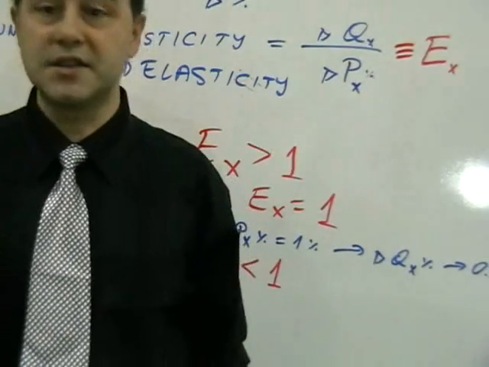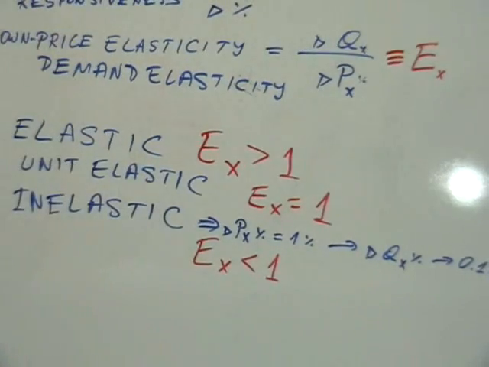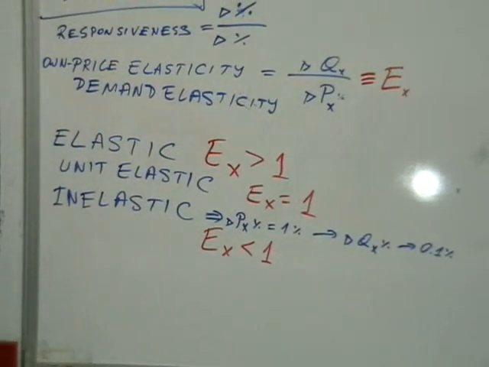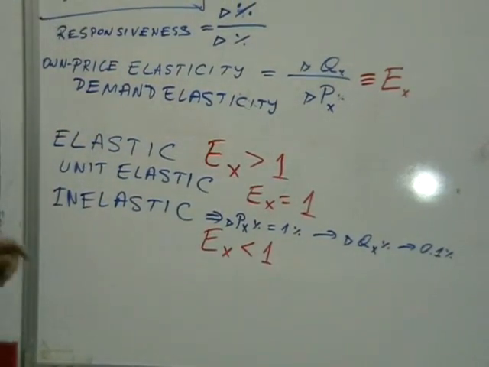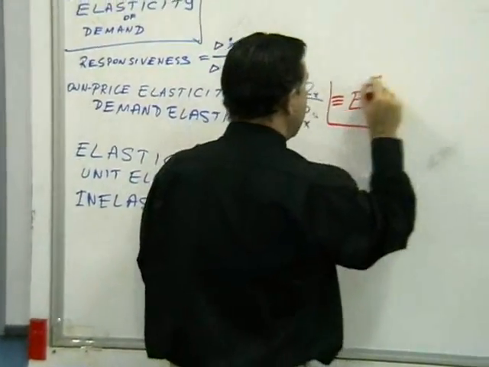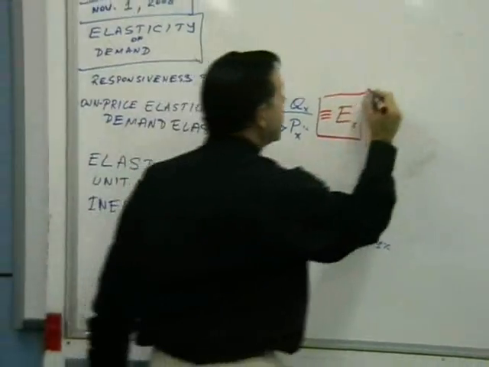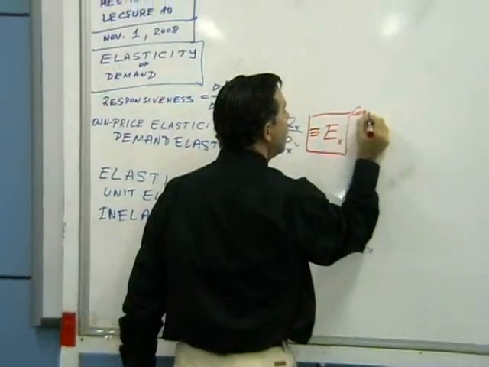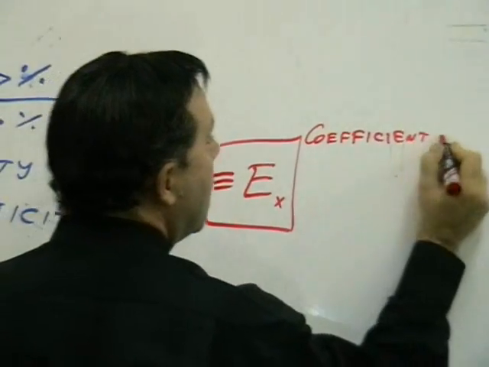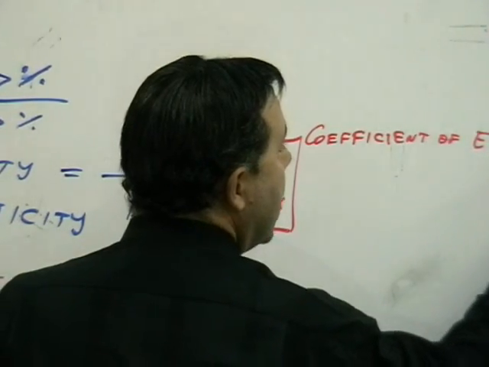Demand elasticity. Now, let's move on and see a few other things. Sometimes they call it, again, price and whatnot. This definition here, this definition of EX, is simply called coefficient of elasticity.